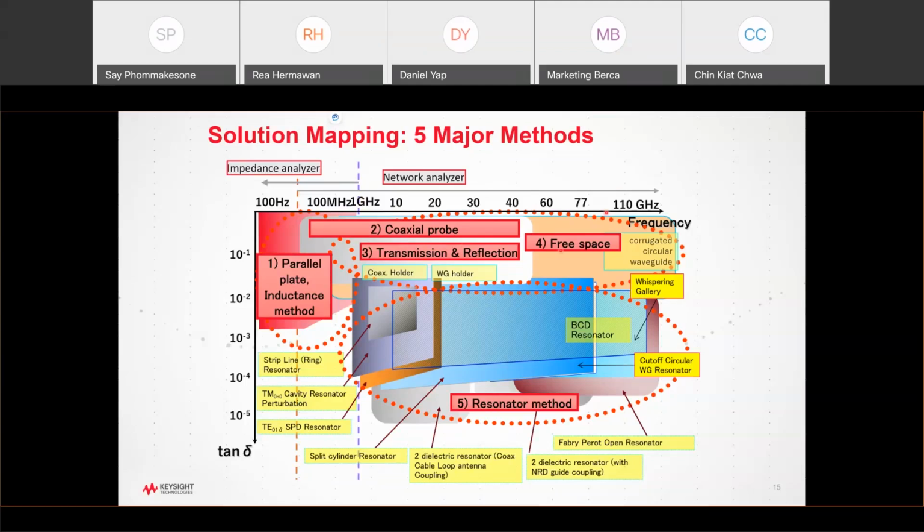So we use free space, also corrugated. Each of these I'll go into a little bit more detail a little bit later. And last but not least, the resonant cavity method. Again, this is really good for really, really low loss material, especially for 5G type of material characterization.